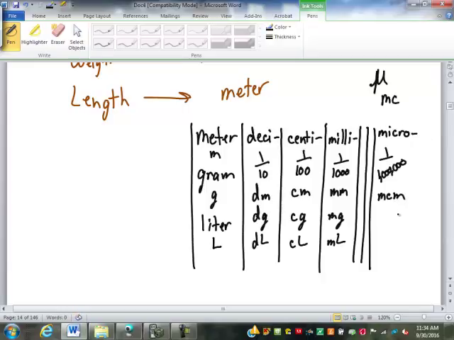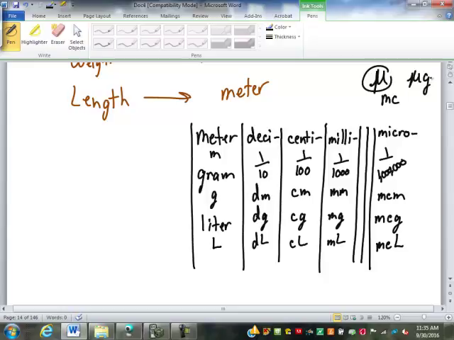So mcm is a micrometer. Mcg is a microgram, or a millionth of a gram. And mcL is a microliter, or a millionth of a liter. But be aware, you may see the mu abbreviation. If you see mu g, that is a microgram.